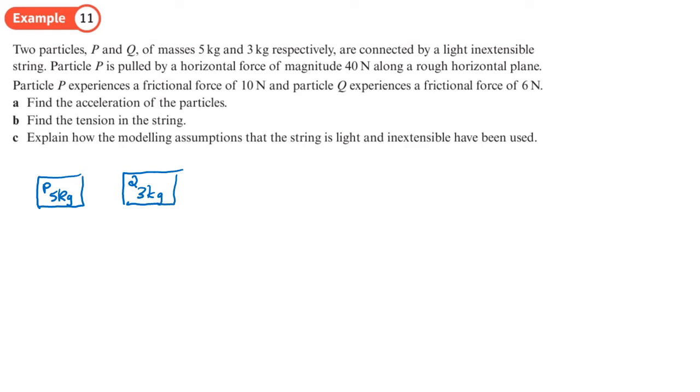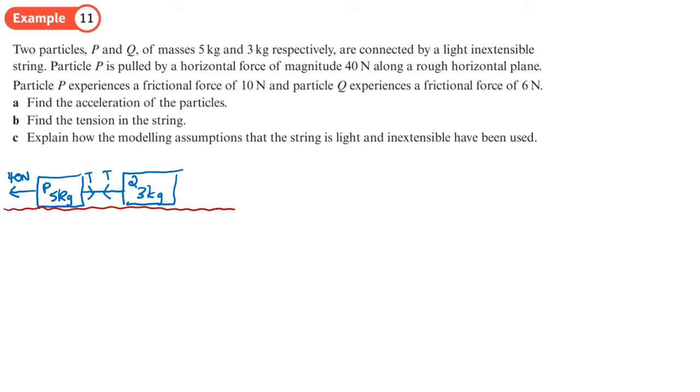They're connected by light inextensible string. So there is a tension there and there when we need to split it up. And P is pulled by a horizontal force of 40 newtons. So let's go that way. Along a rough horizontal plane. Okay, let's make this rough then.